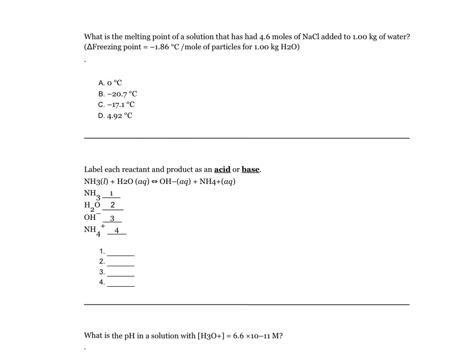So for sodium chloride, when you dissolve it in water, you get a sodium cation and a chloride anion.